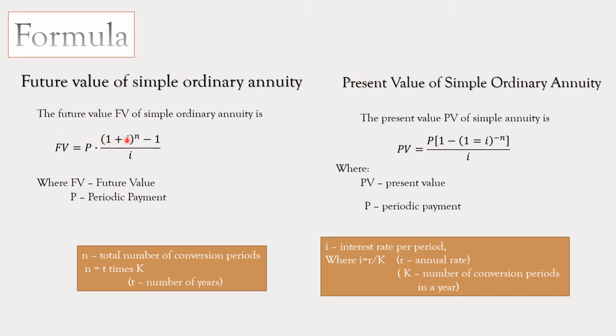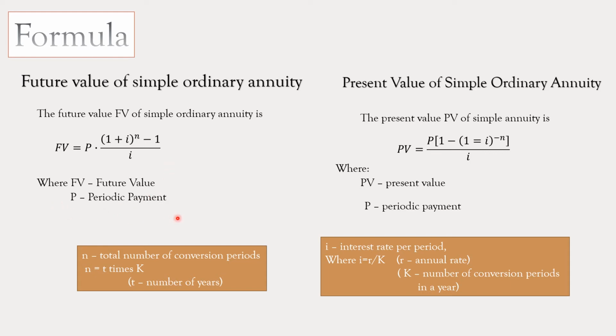The future value FV of a simple ordinary annuity is equal to the periodic payment P times 1 plus I, siyempre, yung I is the nominal rate pa rin, raised to N, yung N natin ay compounding period times time, minus 1 divided by I.